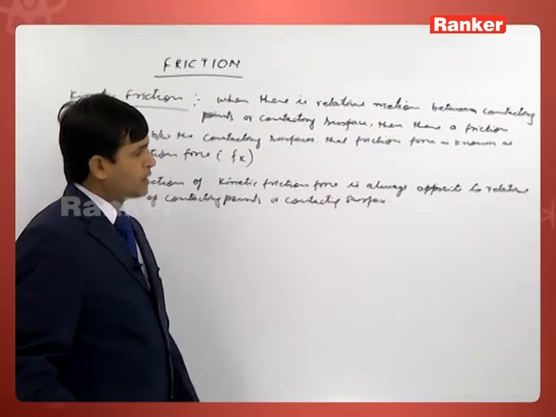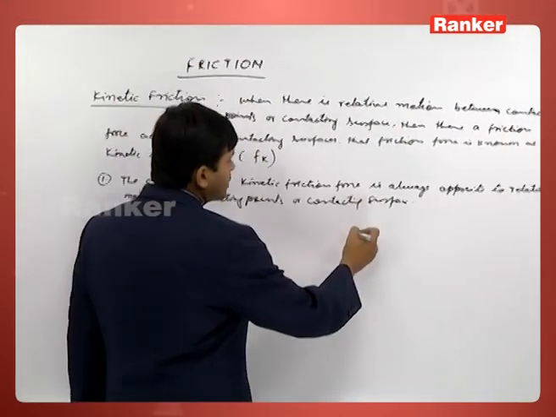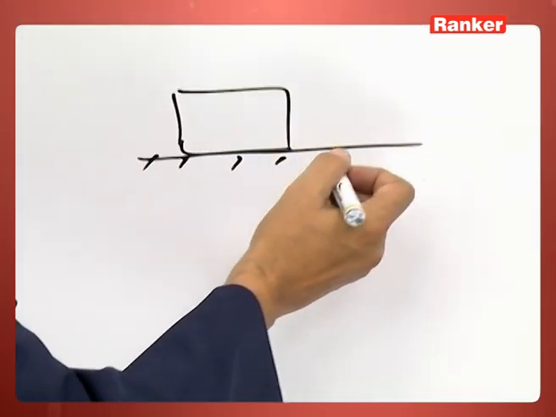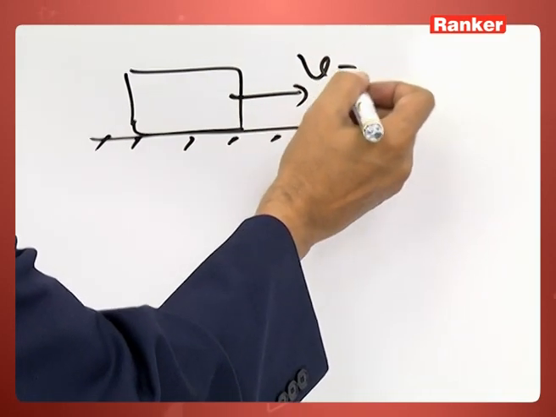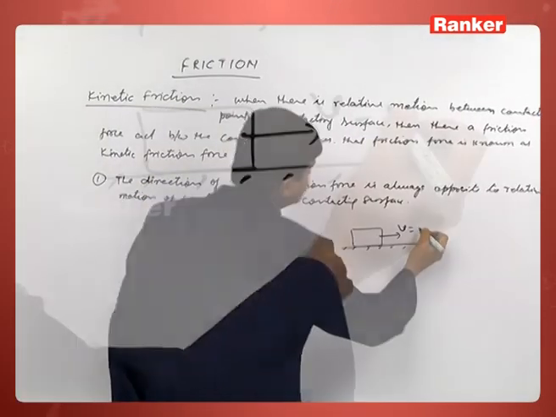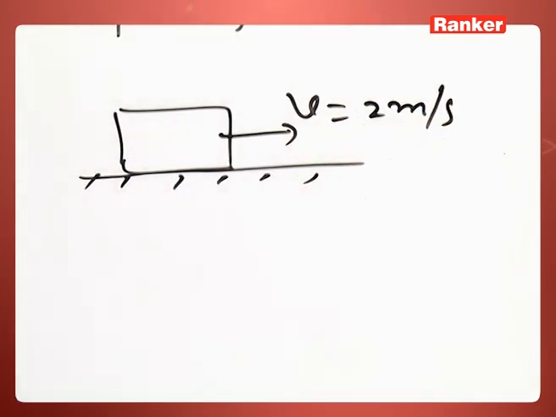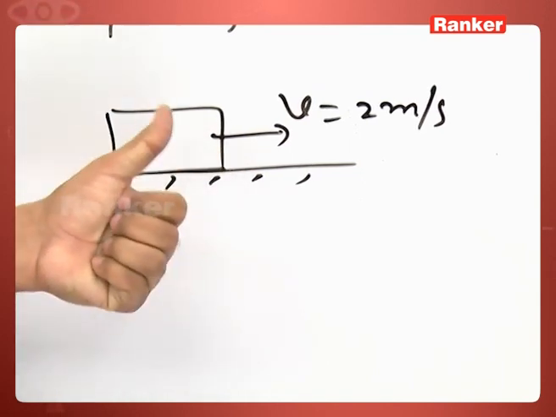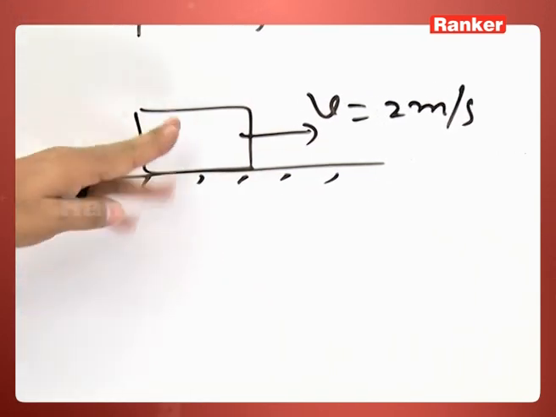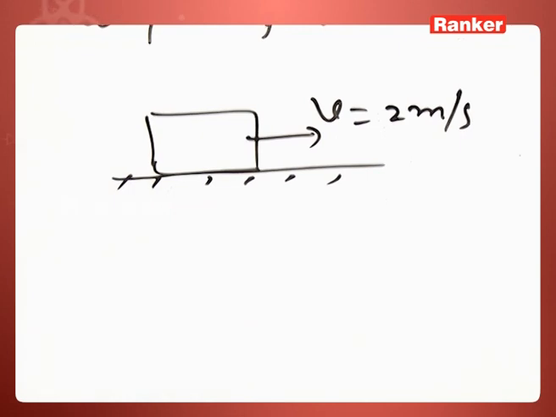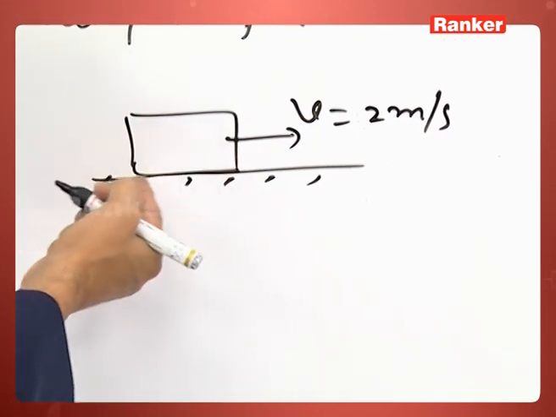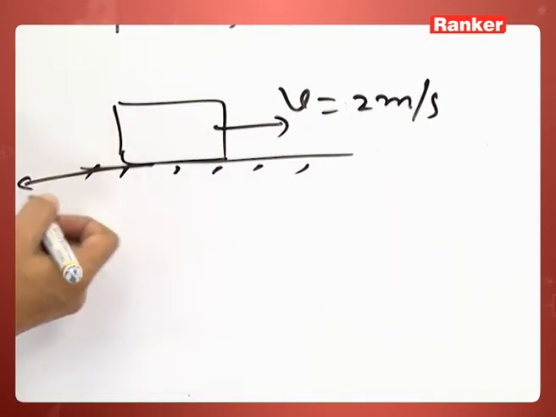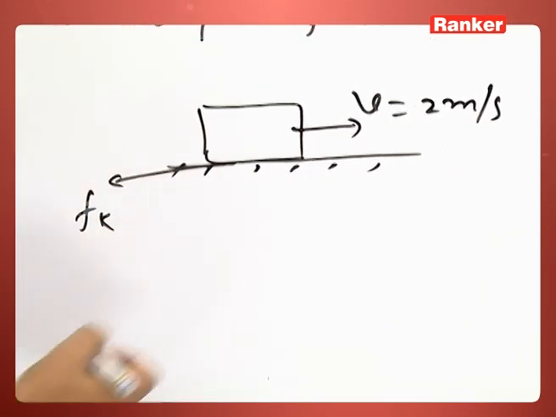So, for example, suppose this is one of the bodies, moving rightward with a speed of 2 meters per second. The contacting point has velocity in that direction, so the friction force acts on that body in this direction.